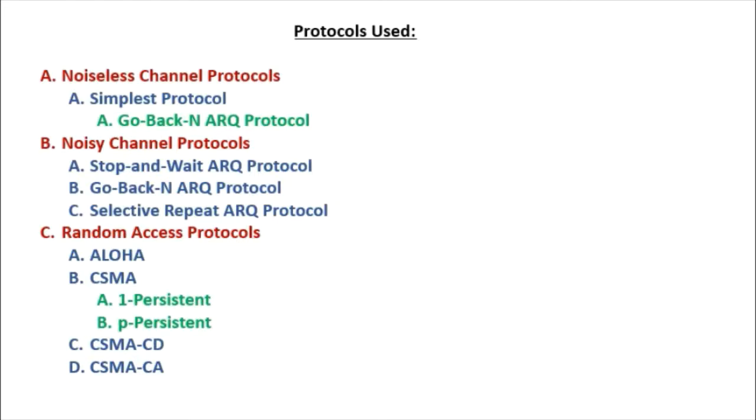Under noisy channel protocols, we have stop and wait ARQ protocol, go back N ARQ protocol, and selective repeat ARQ protocol. Under random access protocols, we have Aloha, CSMA, CSMA/CD, and CSMA/CA. Under CSMA, we have 1-persistent and P-persistent protocols.